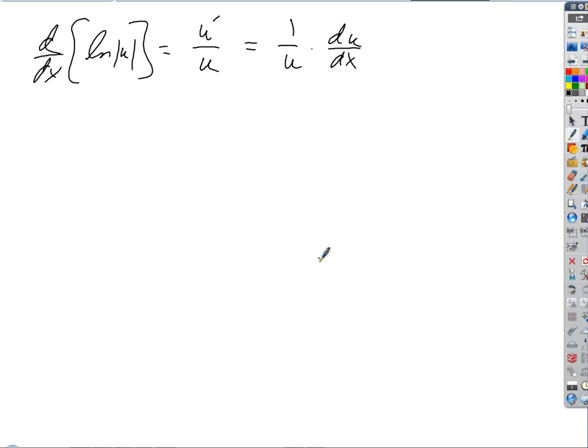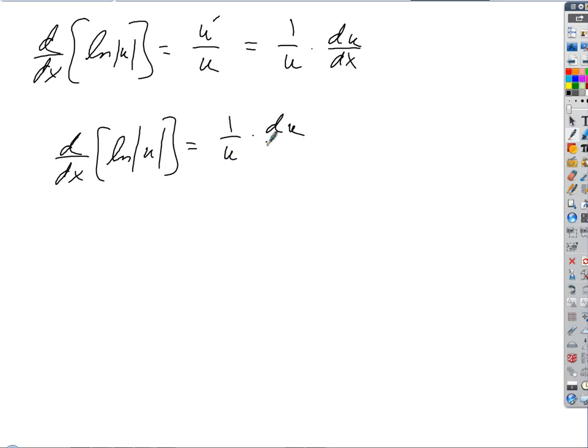So what do we do here? We want to put this into differential form first, right? So really what we're doing, let me rewrite this one. We've got the derivative with respect to x of natural log absolute value of u equals 1 over u times du dx.